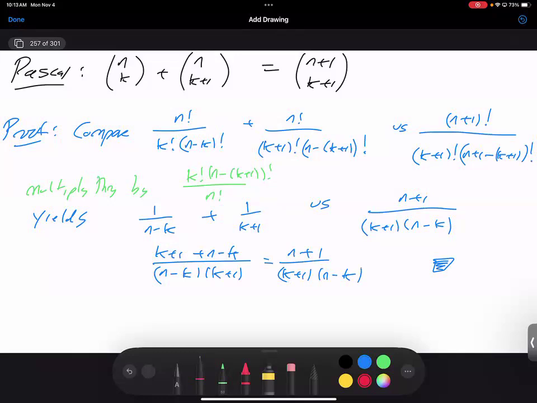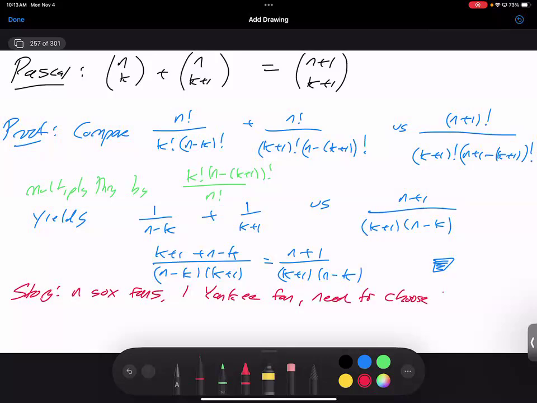The proof by story: we could have, say, n Sox fans, 1 Yankee fan, and we need to choose k plus 1 people.